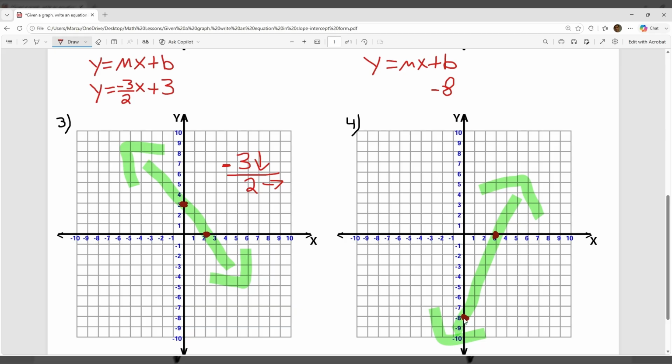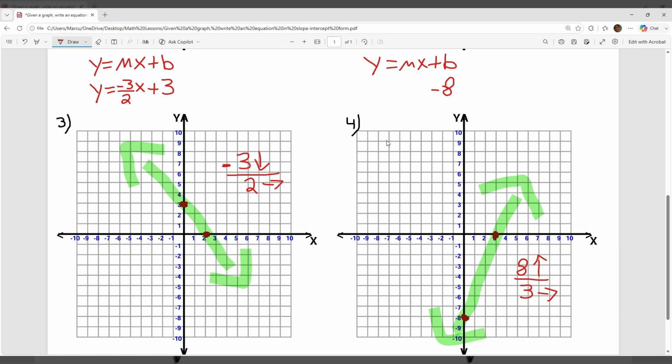So you count your steps: 1, 2, 3, 4, 5, 6, 7, 8. So 8 going up, and then 1, 2, 3 going to the right. So 8 over 3.